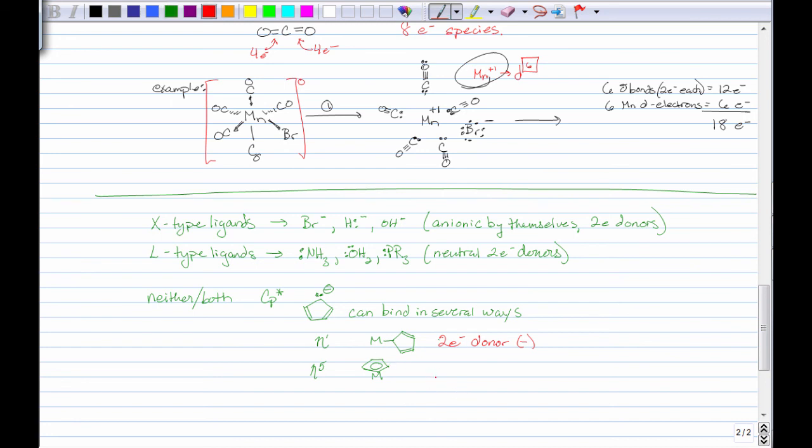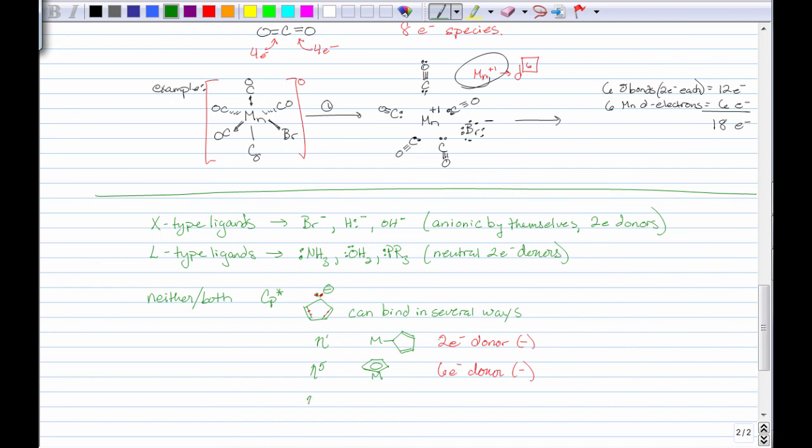So in this case, however, it's actually a 6-electron donor with that negative charge. Now, it's pretty easy to see why it's a 6-electron donor if you remember that it's the pi system that's interacting with the metal ion here. And just count the electrons in the pi system. There's 2 in the lone pair, there's 2 in each of those 2 double bonds, and so that's a total of 6 electrons.